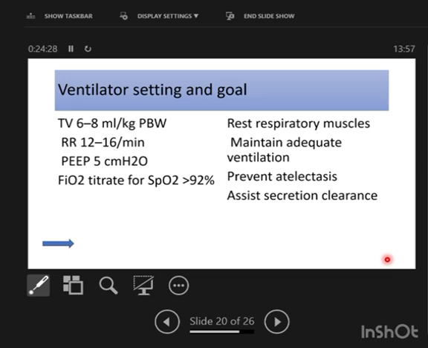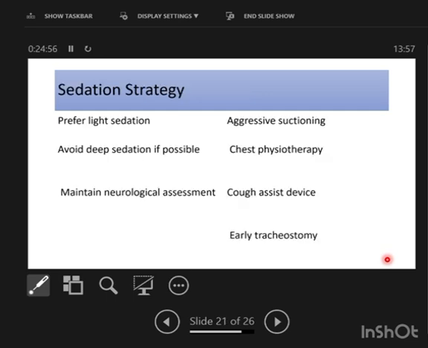It's just support he requires. Make him feel normal. Even with a ventilator, with portable ones, you can move the patient. It is a temporary thing, and you have to take care of secretions. So early mobilization, and also early tracheostomy if you think that ventilation is going to be prolonged.